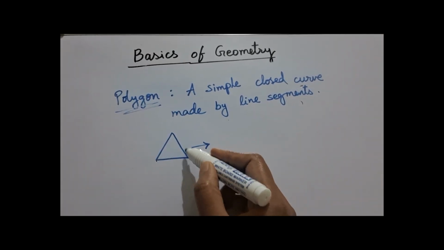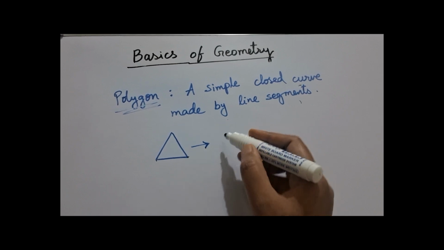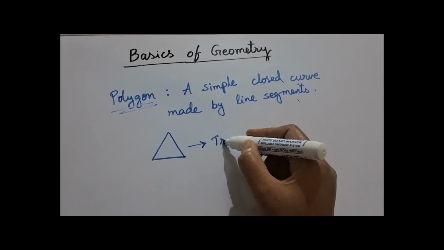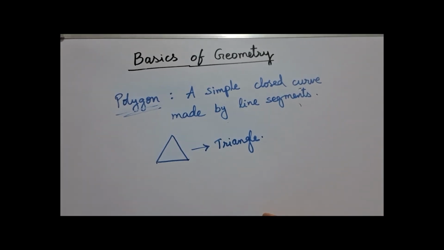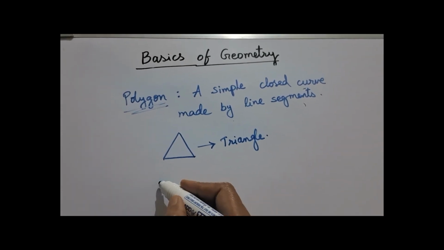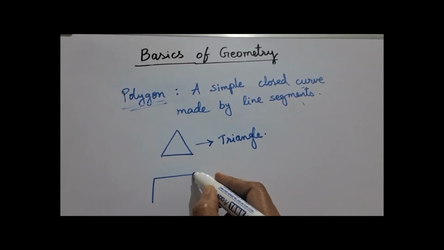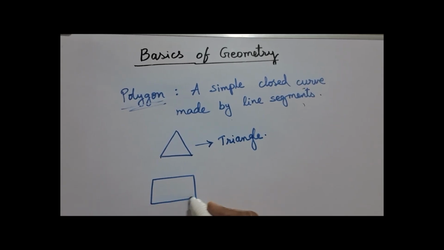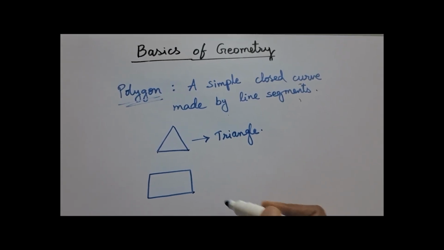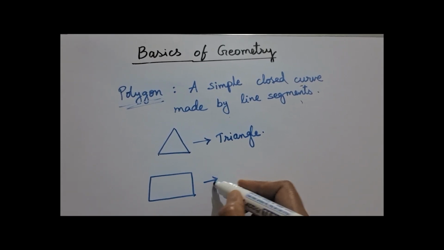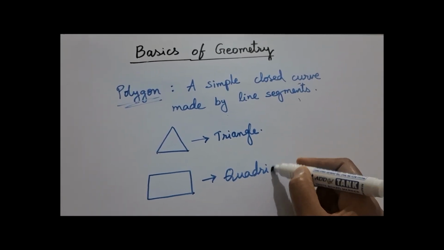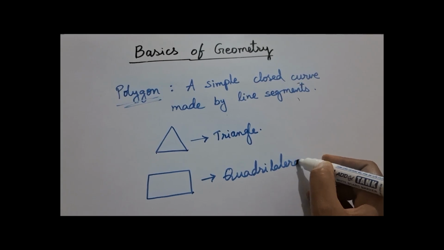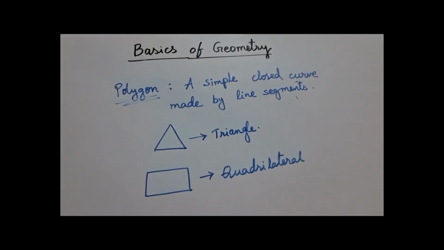A polygon which is having 3 sides is called a triangle. Okay, children? Now, the polygon which is made by 4 line segments, 4 sides, is called a quadrilateral. Okay, children?